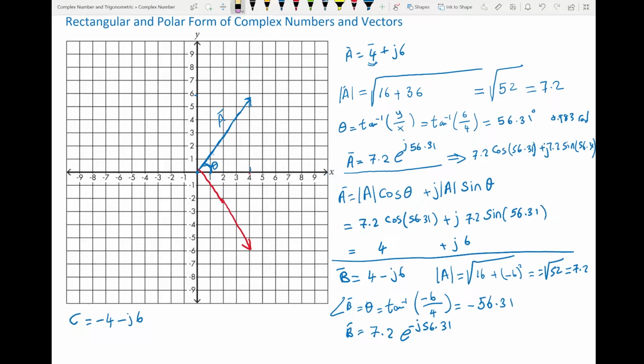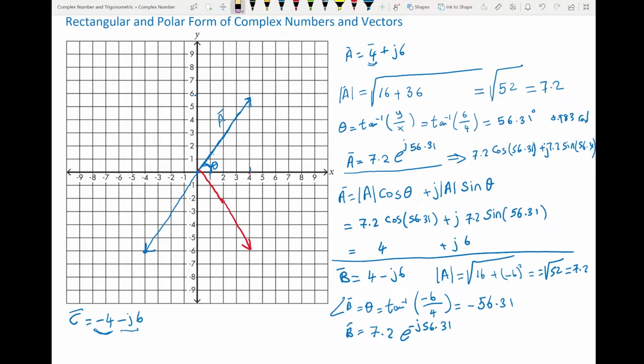Let's clean up. If we plot vector C, then we will be moving minus 4, that's 4 units to the left along the x-axis: 1 unit, 2 units, 3 units, 4 units. Then moving minus 6, that's downward, 6 units. So then this is the vector.